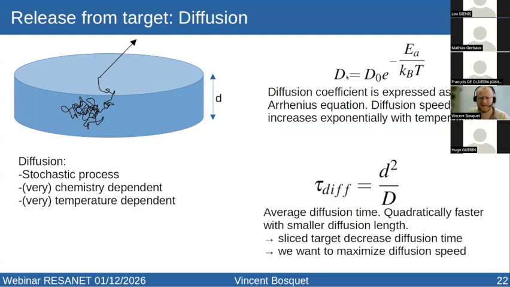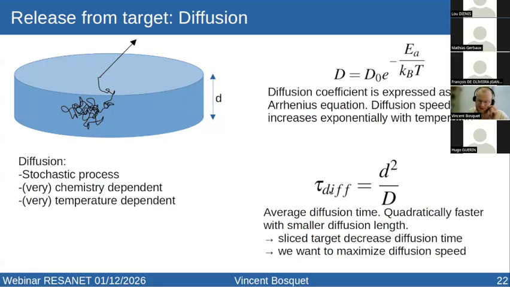To illustrate this, I've shown you the first equation, that is the diffusion coefficient. It tells you how fast an atom will diffuse outside of a target. And the diffusion speed increases exponentially with temperature. And this is why usually we want to achieve a target temperature that is as high as possible.